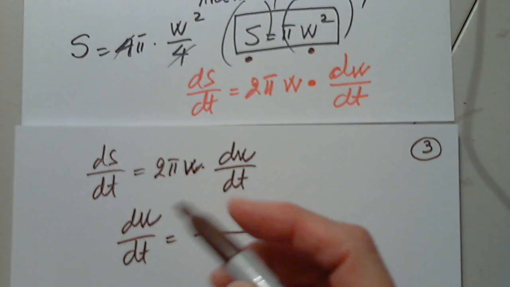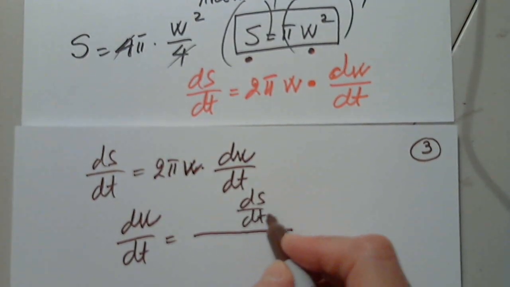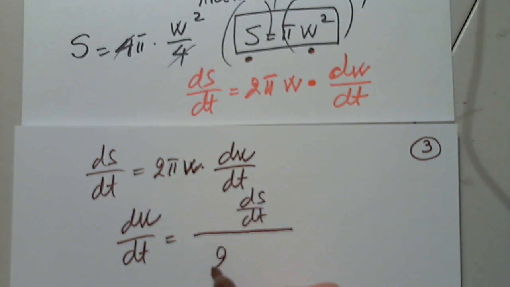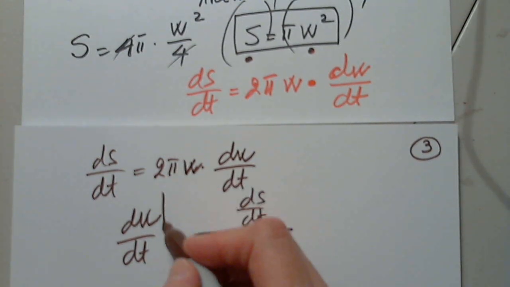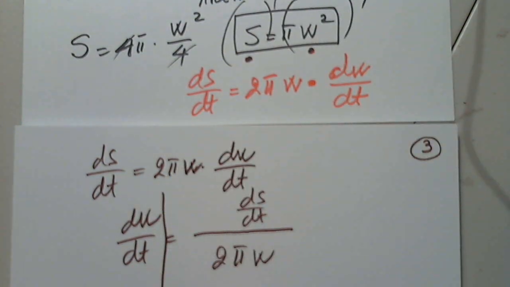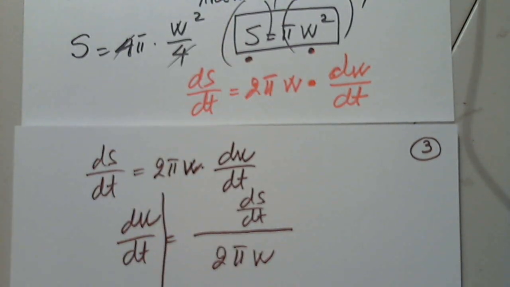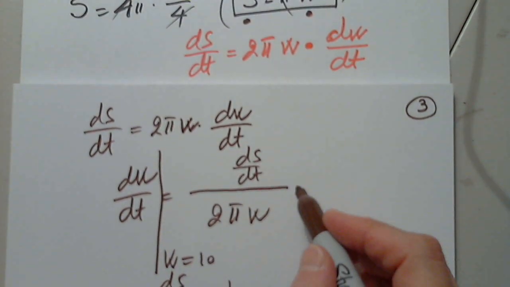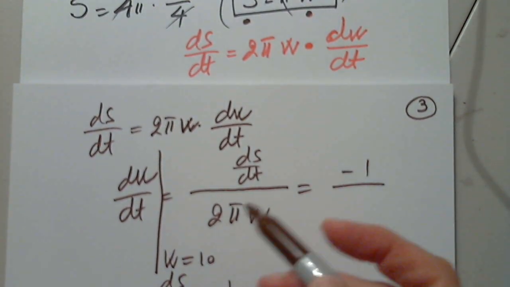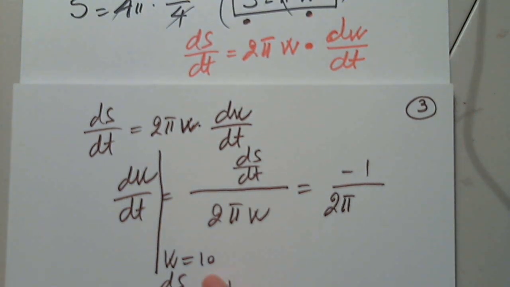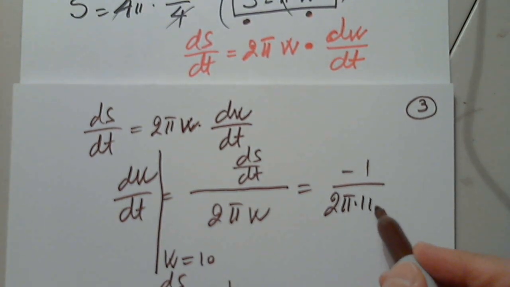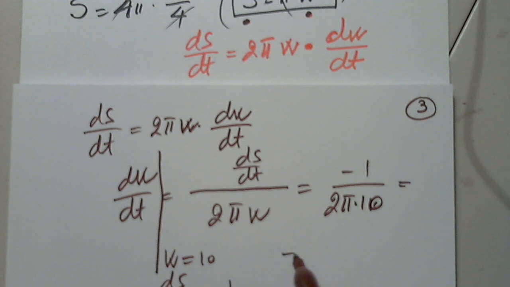Do not separate this. This is one thing, one entity, over 2 pi w. And now, yes, fine, w equals 10. ds over dt is given to us as -1. So the top is -1. The denominator is 2 pi times 10. So we have -1 over 20 pi.